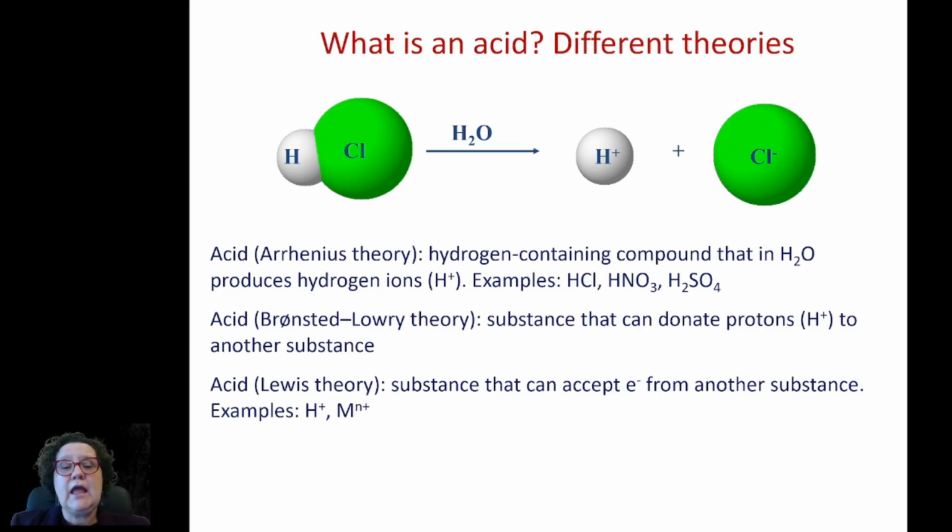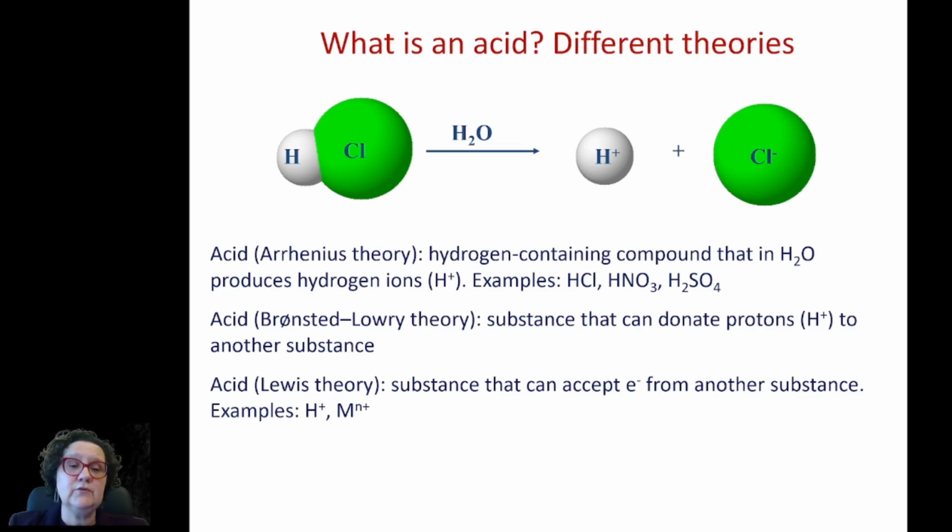Bronsted-Lowry theory. Bronsted and Lowry defined acid, and we'll see later base, not by what the substance had, but by what the substance could do. So they define acids as a substance that can donate hydrogen ions to another substance. And note that I've used the word proton, and more about why I use the word proton in a later slide.